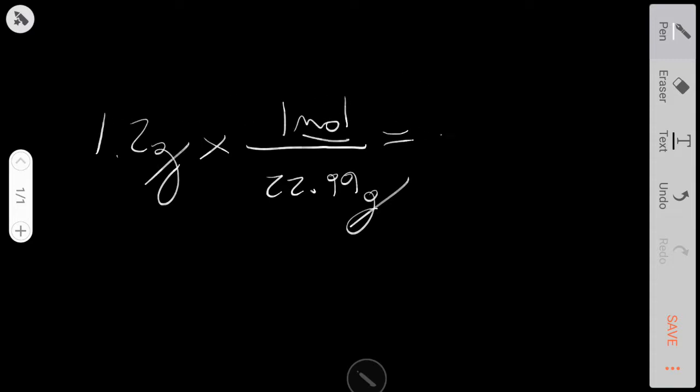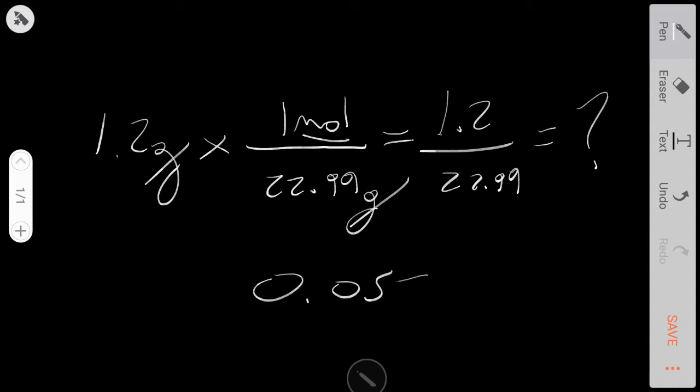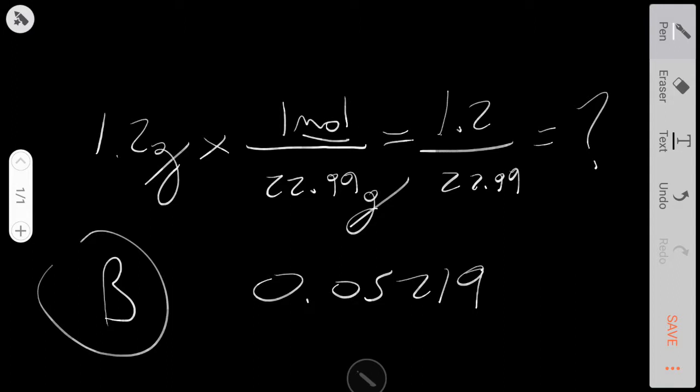1.2 times 1 is 1.2 divided by 22.99. After entering it in a calculator, you should get 1.05219. The closest answer to this in number 1 is going to be B. B says 0.0533.